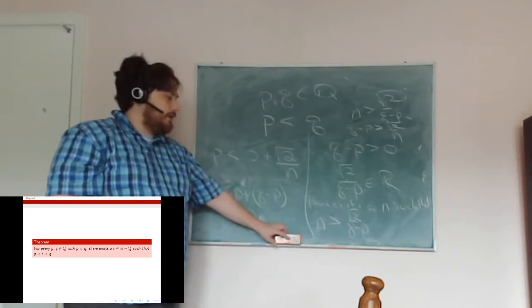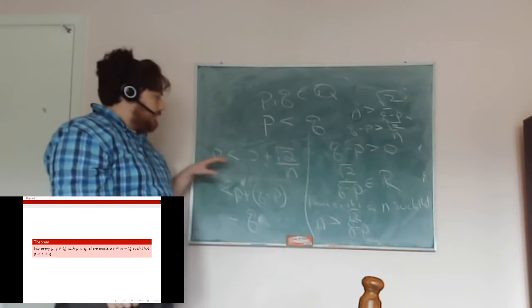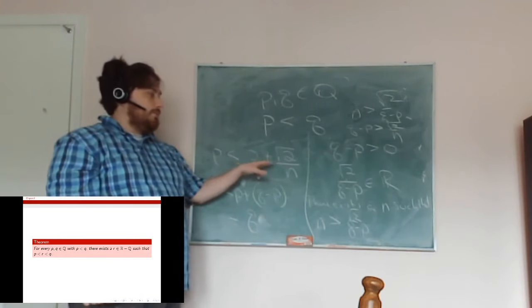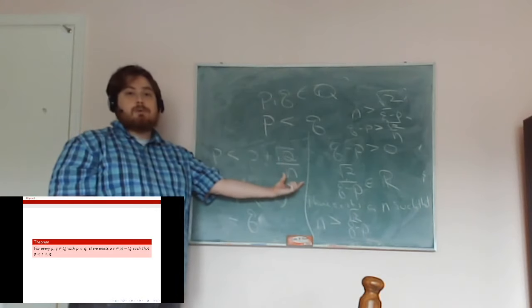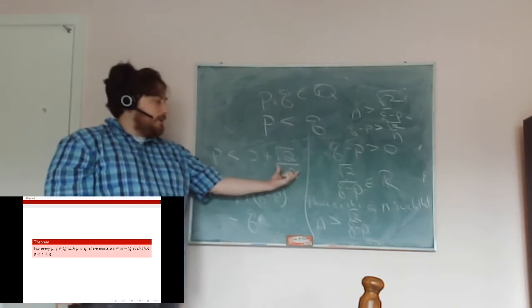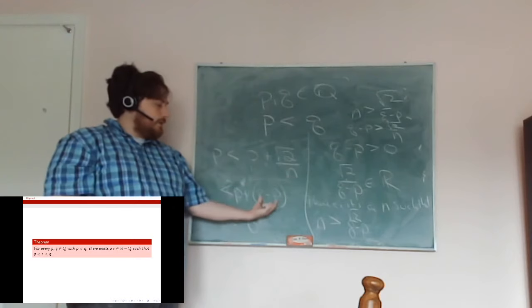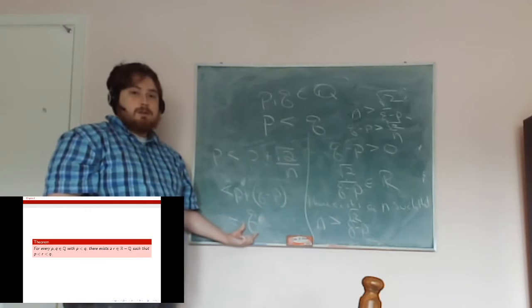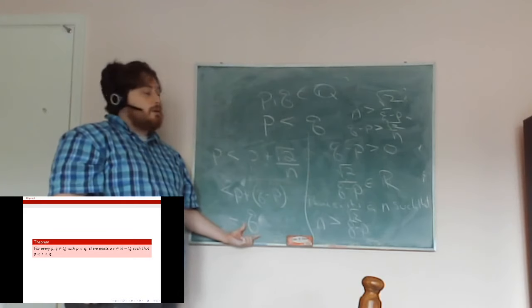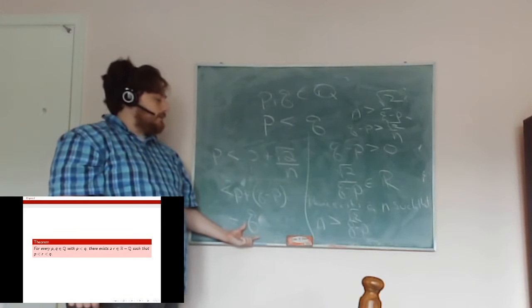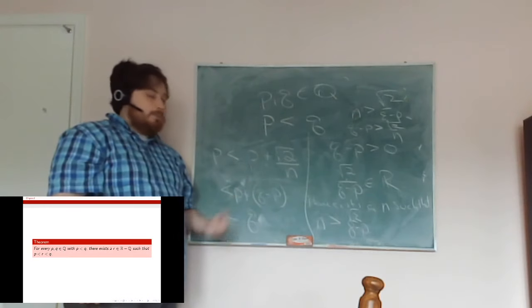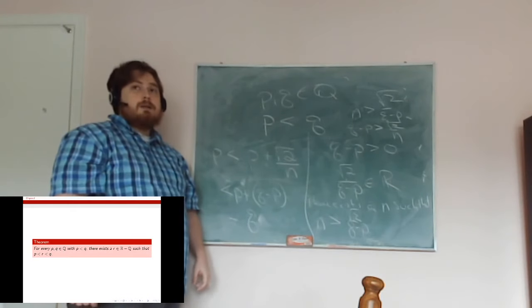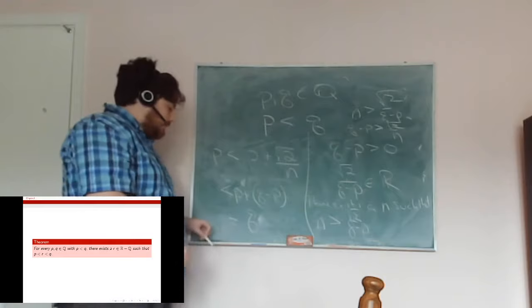So what have I done? I've said p is less than p plus a positive number, root 2 over n. But because I picked this n so that this was smaller than q minus p, this thing has to be less than q. Therefore, we have shown that there exists an irrational number between p and q. So between any two rational numbers, there is always an irrational.